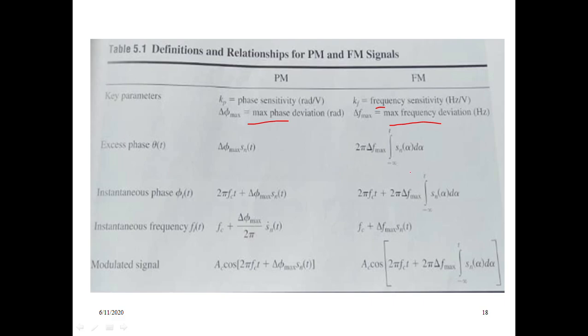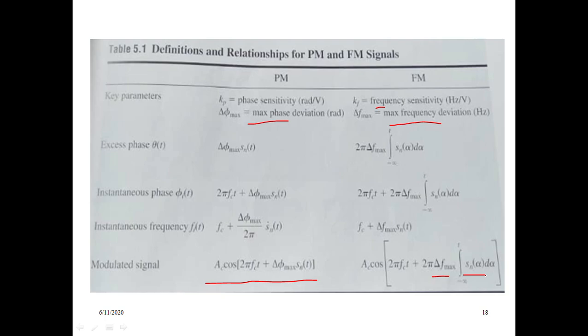So the excess phase, right? And then in PM, we also have the instantaneous phase and instantaneous frequency. Same also with FM. Under the modulated signal, we can have it by knowing delta phi max s(t), and also 2 pi delta f max and the integration of s(t).